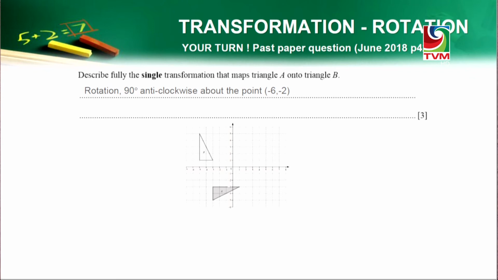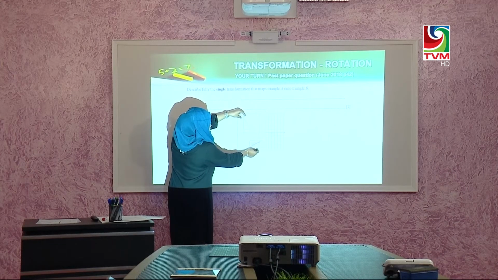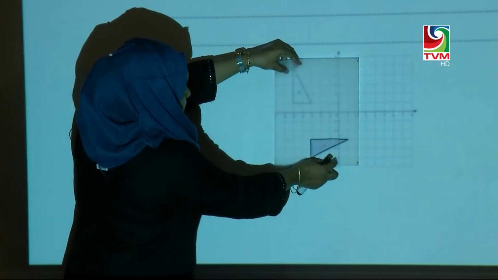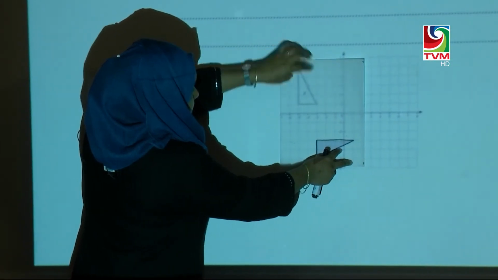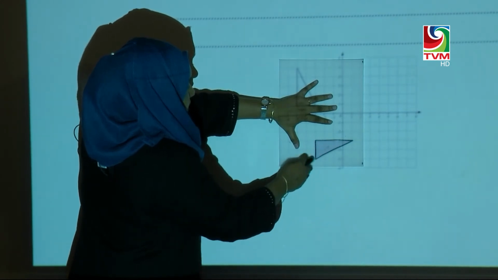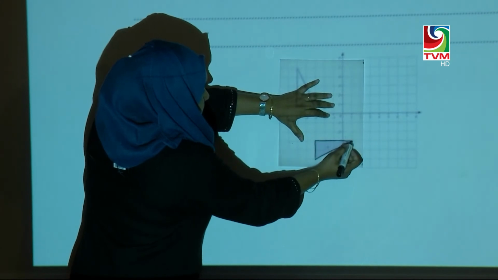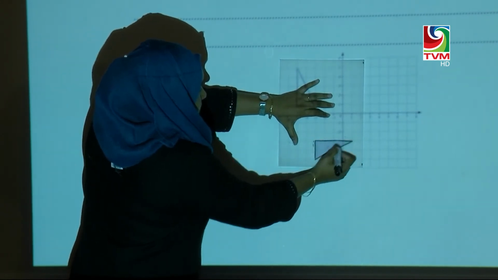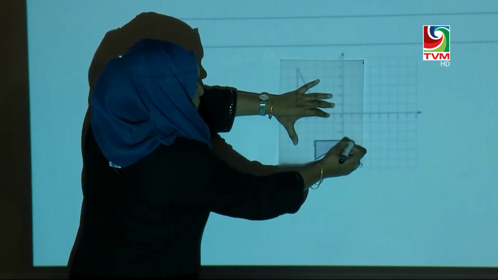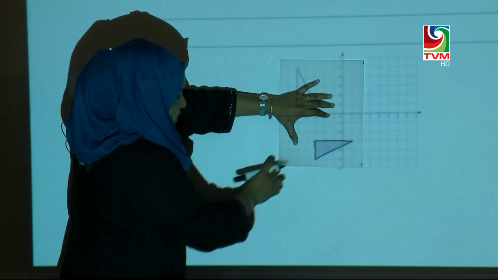Now we are going to find the center and angle of rotation. To find the center of rotation, I am going to use tracing paper. Put the tracing paper over the object and then trace the outline of the object onto the tracing paper.